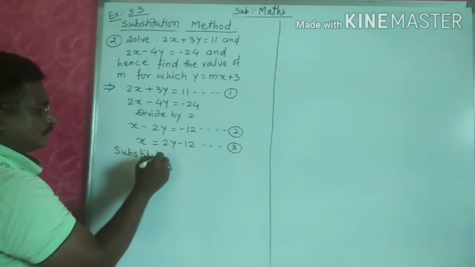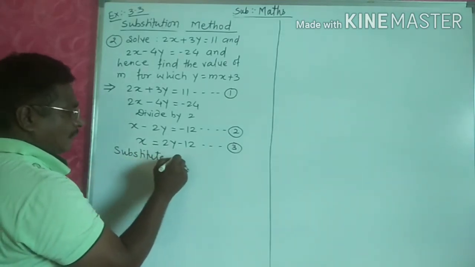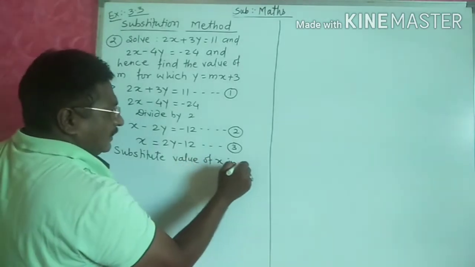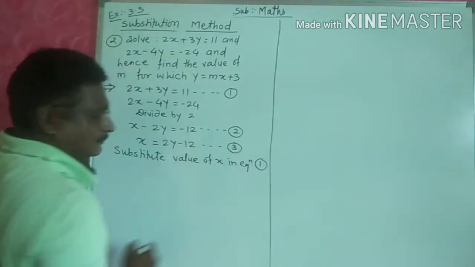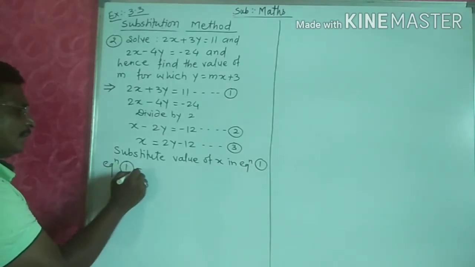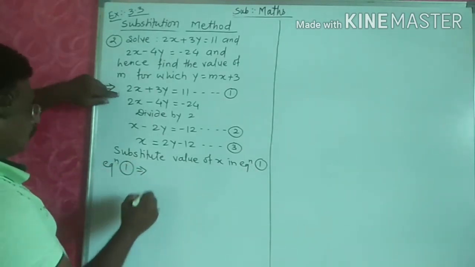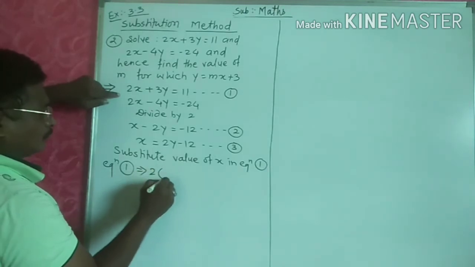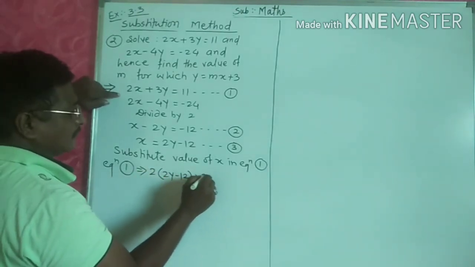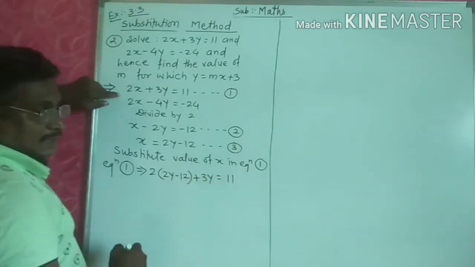Substitute the value of x in equation 1. So equation 1 becomes 2 into (2y minus 12) plus 3y equals 11.